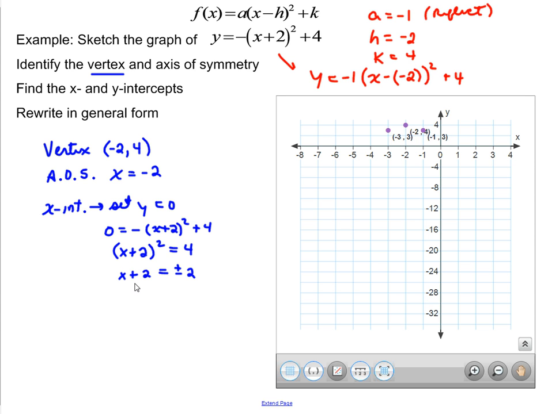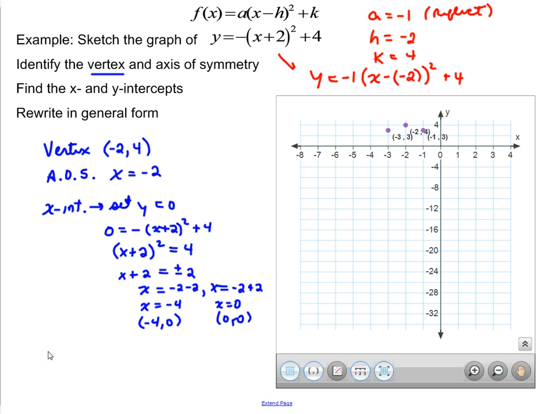So subtracting 2 from both sides gives us x equals negative 2 minus 2, or x equals negative 2 plus 2, which means we're either going to get negative 4 as the x-coordinate of one of our x-intercepts, or x equals 0 as the other. So in other words, this graph must pass through points like negative 4, 0 and 0, 0.